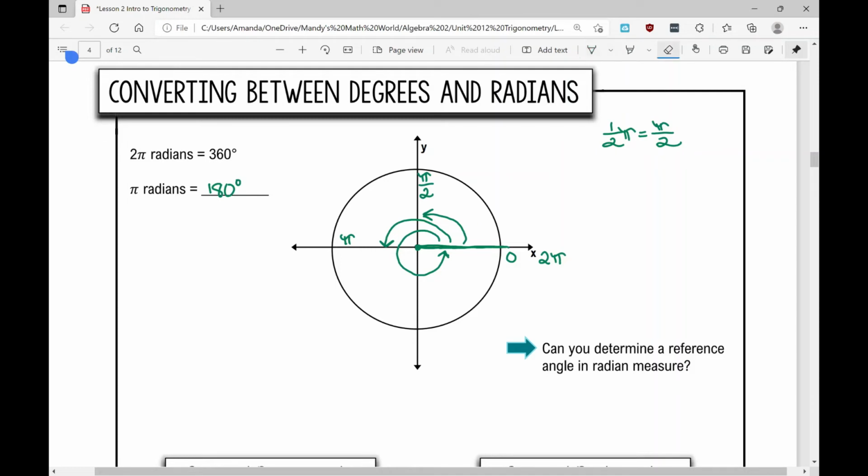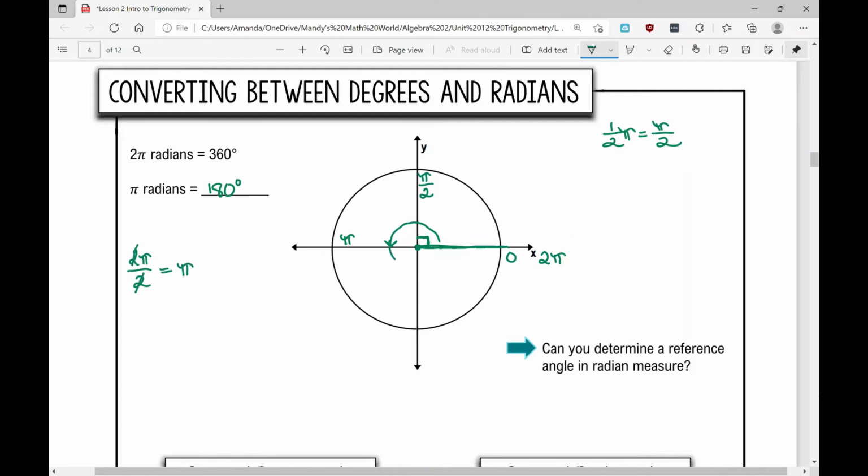And what I'm going to do now is talk about this in a different way. I know that each 90-degree angle, which we've looked at here, is going to be pi over 2. So I'm going to count in terms of that, right? If this is pi over 2 and I go all the way to here, that's really 2 pi over 2, which is just pi.